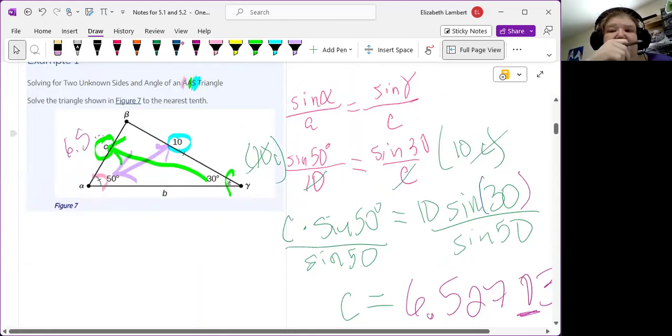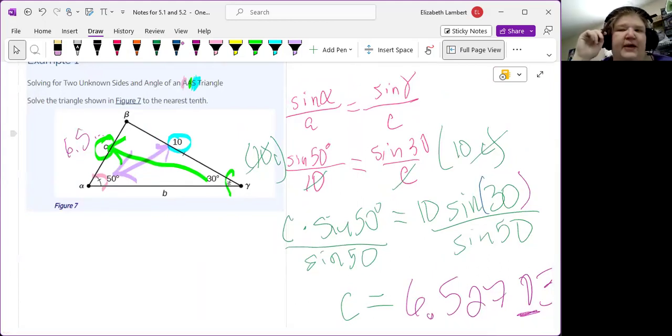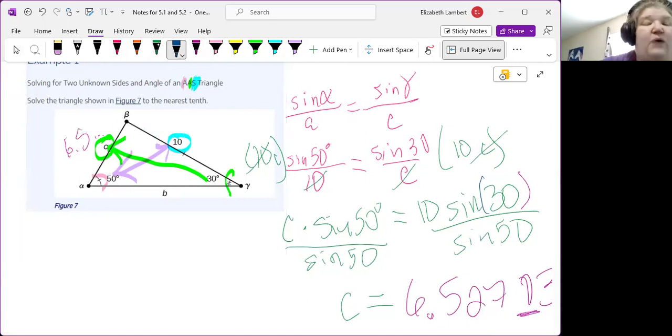All right. Now I have my unknown angle beta and my unknown side b. And normally this could be a bit of a panic, like, what do I do? We do know two of the angles, and there's only three angles in a triangle, so we can find the third angle. So even though it's an initial, what do I do?